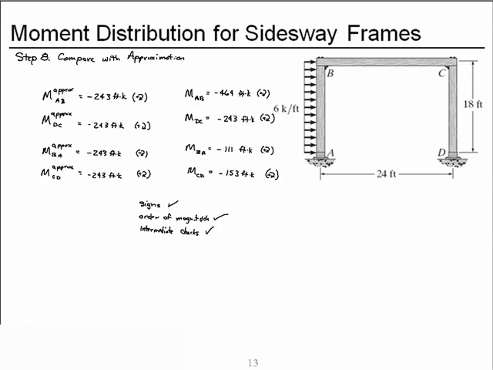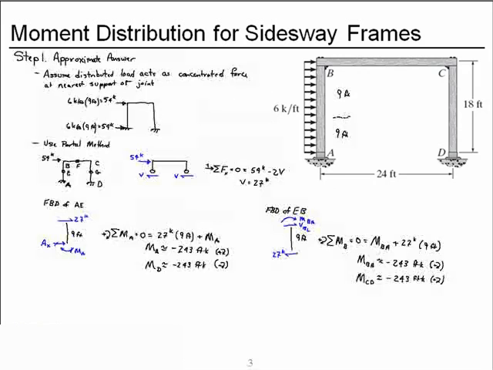Now let's go back and review the process we followed to obtain these results. We started by approximating the answer. We took the distributed load, considered it to be 2-point loads, one acting at node B and one acting at node A, and we used the portal method to estimate the moments in the frame.